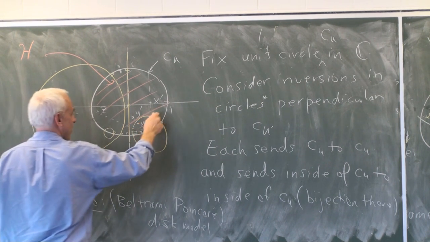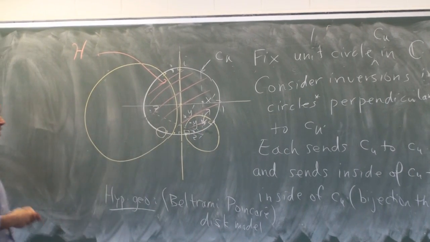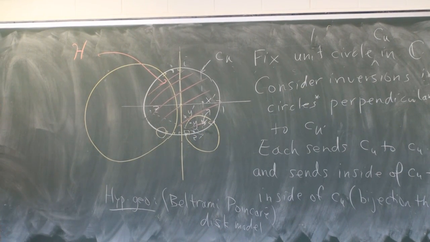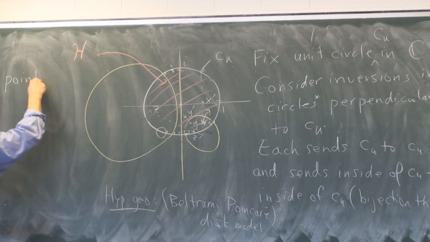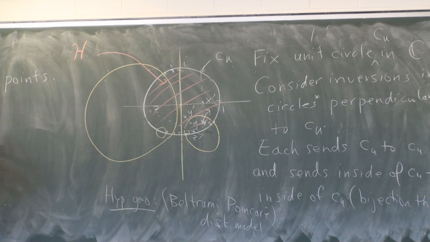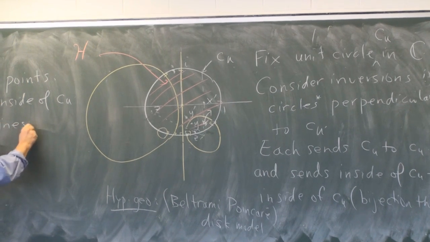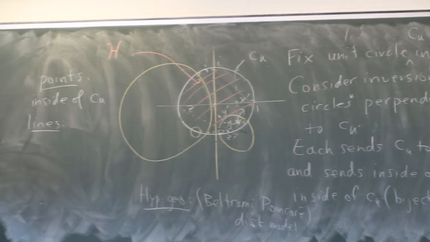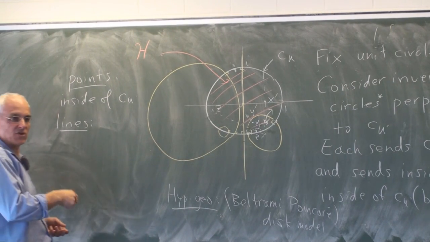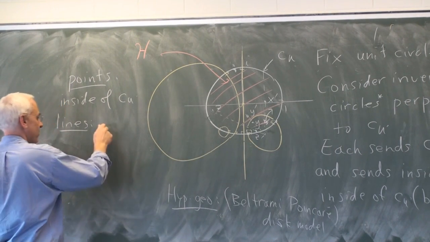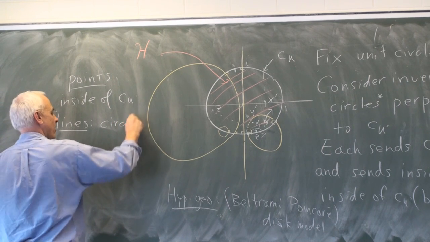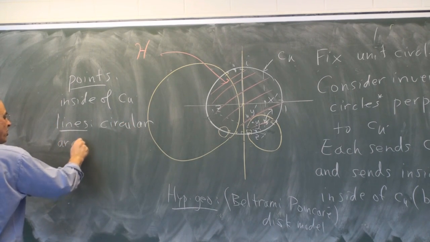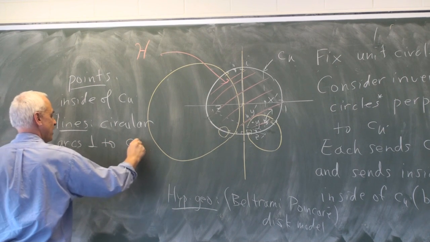And these inversions are the reflections. So the points are the inside of C sub u. The lines in this geometry are these arcs of circles perpendicular to the boundary, circular arcs perpendicular to C sub u.